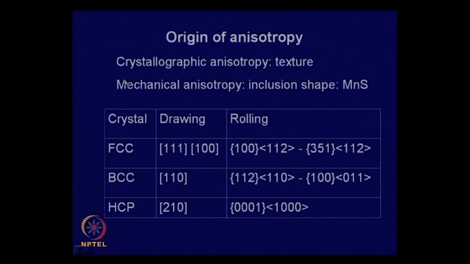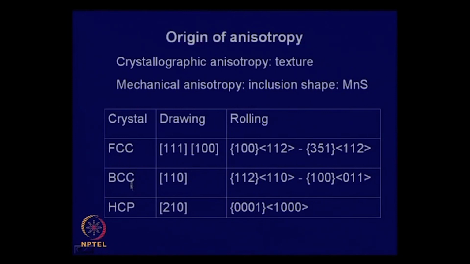Now, let us see why this type of crystallographic anisotropy develops in a material, and what factors determine it. Obviously, deformation is determined primarily by slip and twinning. These are the two modes of deformation, but the bulk of the deformation in metals is through slip.